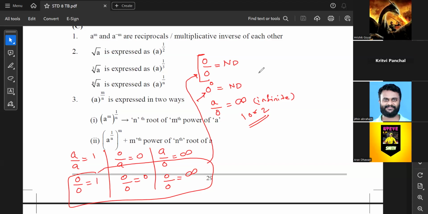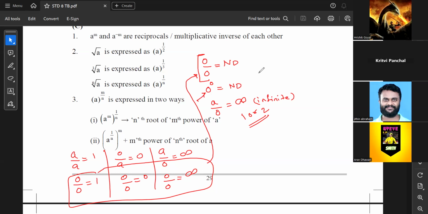Obviously, students like you who don't know what is anything upon zero, they will ask on the website. So they know that small children are asking. When small children are asking, if they say that the answer is infinite, they will have to explain what is infinite. Hence, they will say, I'll tell, it is not defined. Finished. Because they know that in your textbooks, it is not defined. Understood?